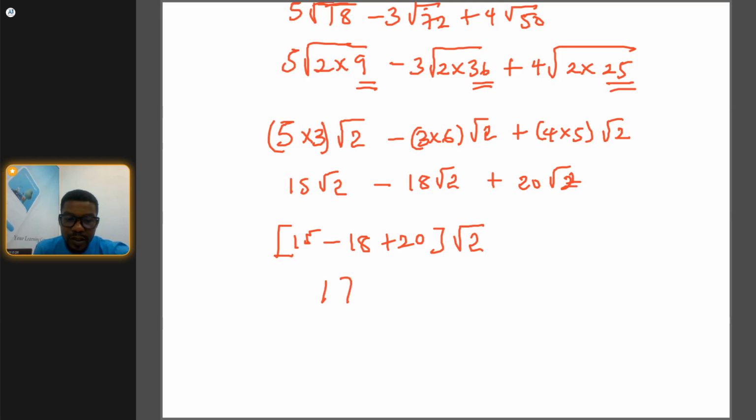Of course, this will give us 17, and we have root 2 beside it. So root 2, thank you so much, Temilolua. That's a great response. Emmanuel, that's a great response. 17 root 2 is the correct answer.